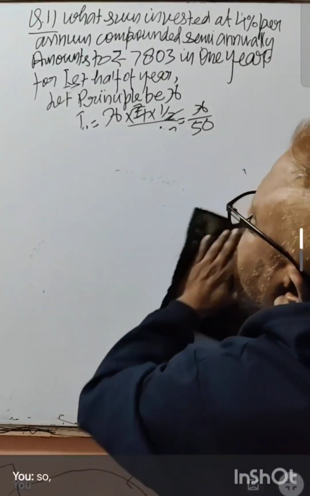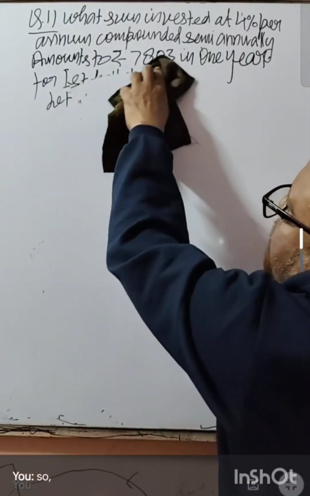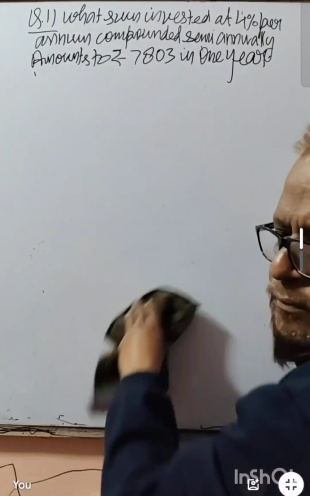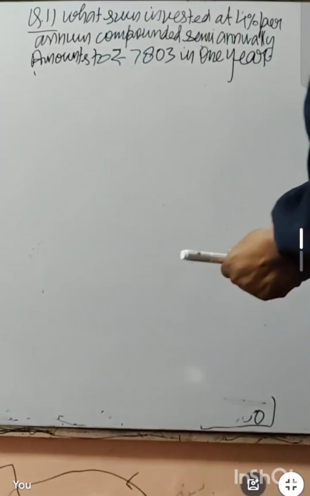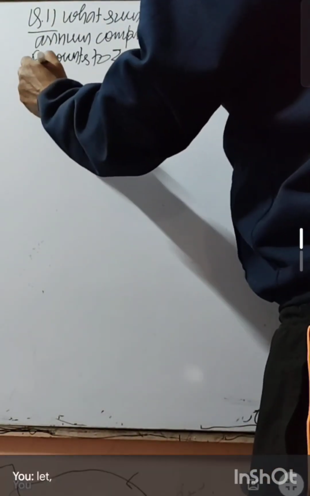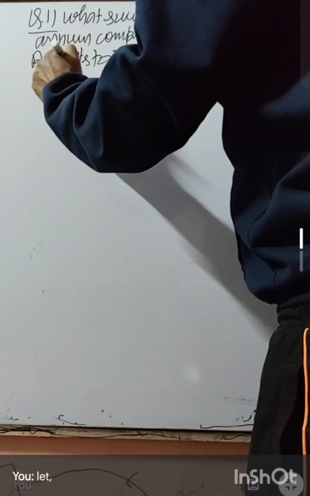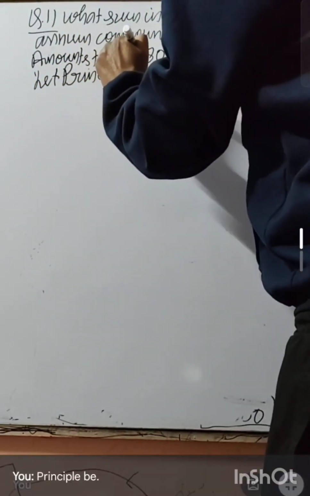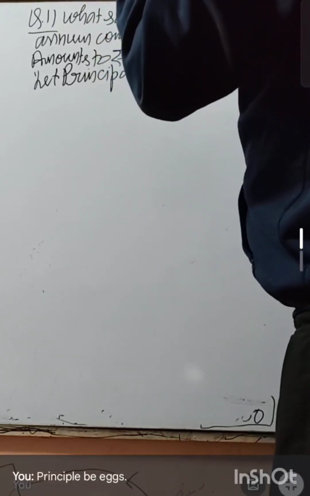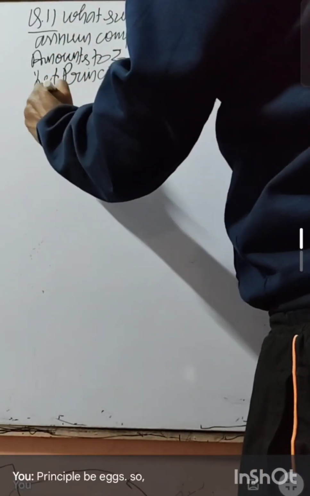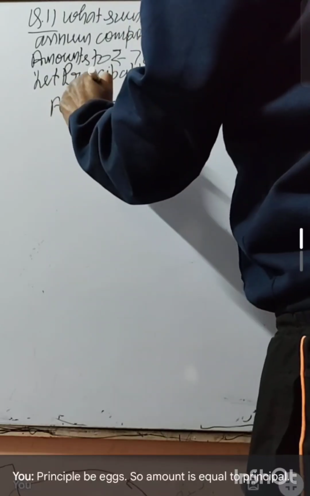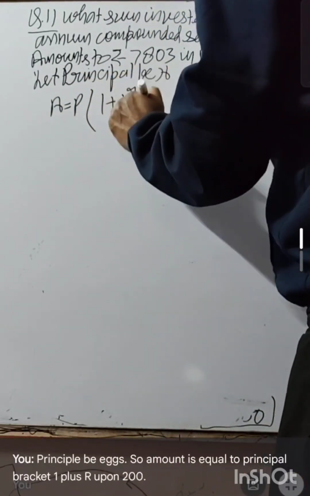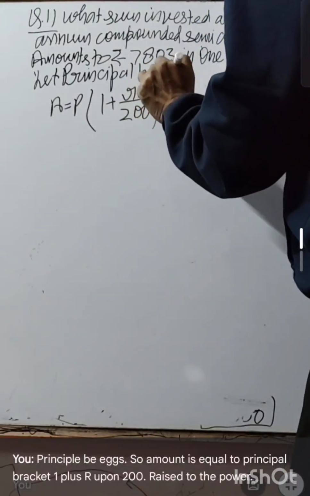So let the principal be x. The amount is equal to principal into bracket 1 plus r upon 200, raised to the power 2n.